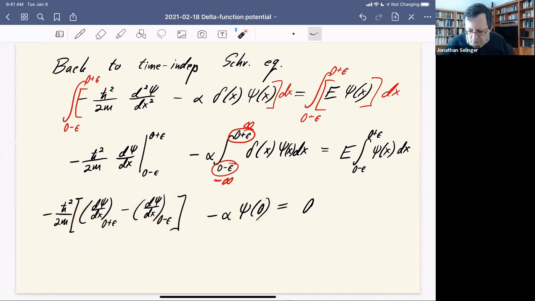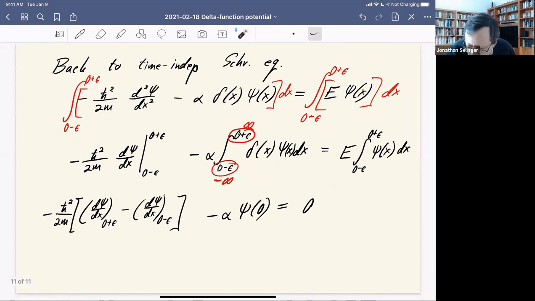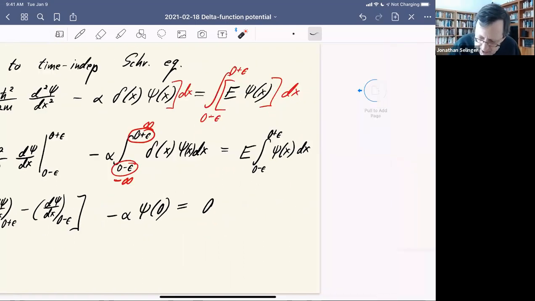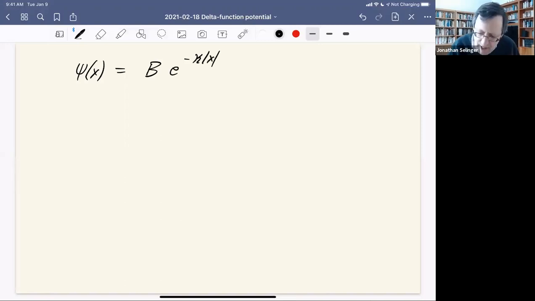Now let's see how that's related to the parameters in this equation, the b and kappa in that equation. Well, for psi of 0, here, I'll write it out. psi of x is b times this exponential of absolute value of x.